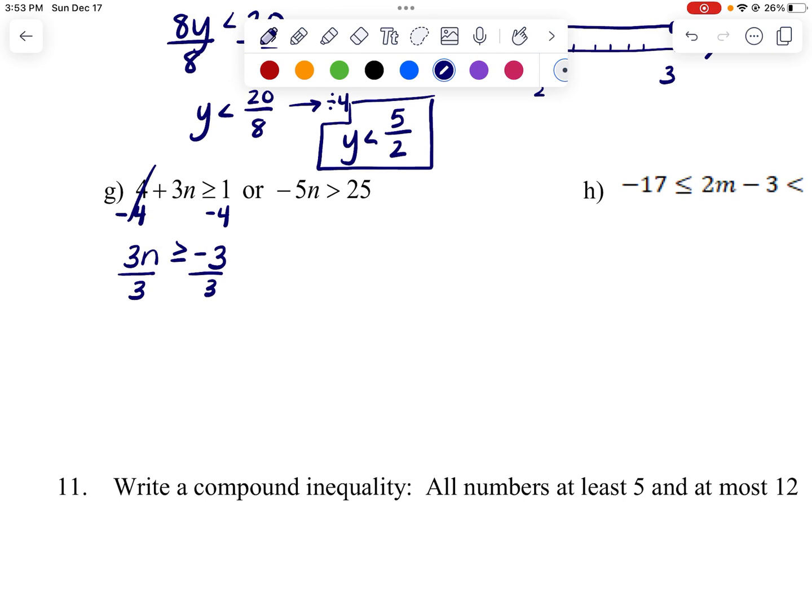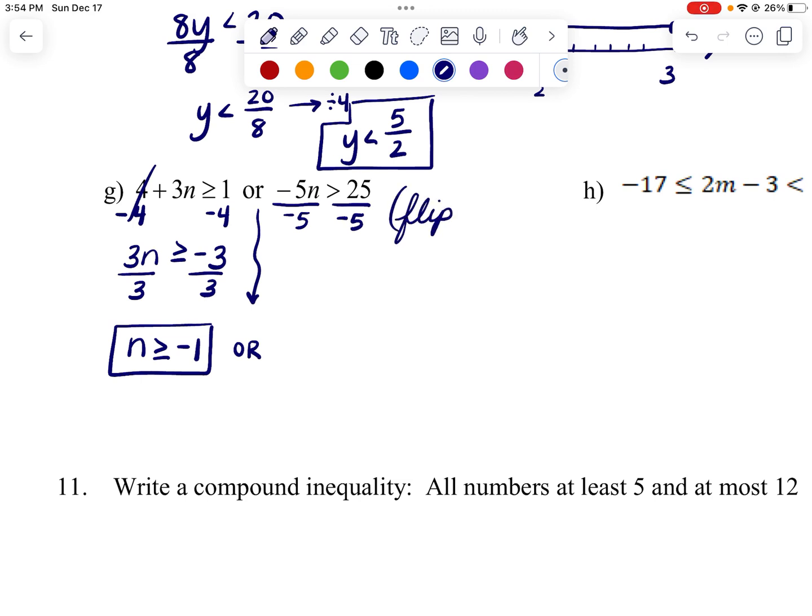Divide by 3, and n is greater than or equal to -1. Or, and now we're going to solve the other side. So I need to divide by -5. When you divide by a negative, you're going to flip the inequality. So n is less than -5.